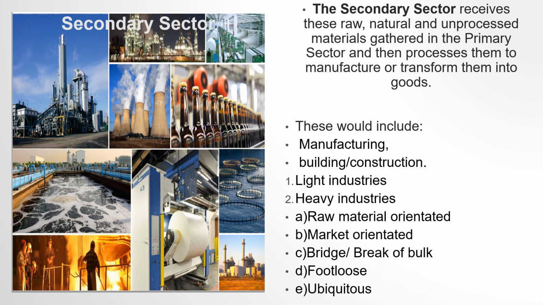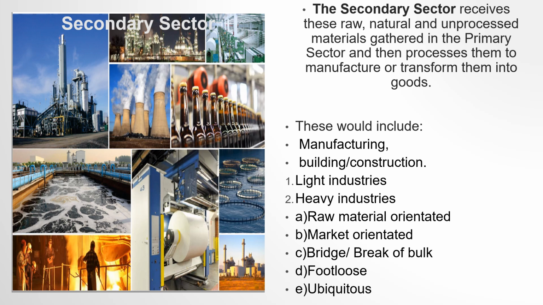Then you have the secondary sector. So the secondary sector receives all these raw, natural and unprocessed materials that were gathered in the primary sector and then processes them to manufacture or transform them into goods.